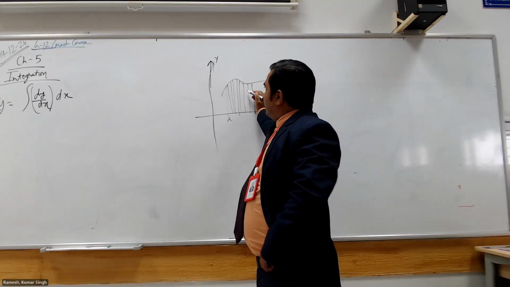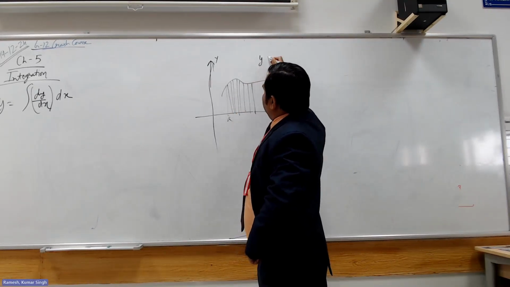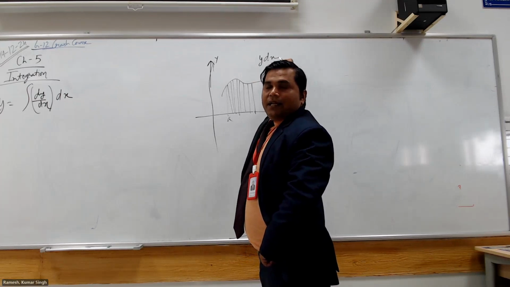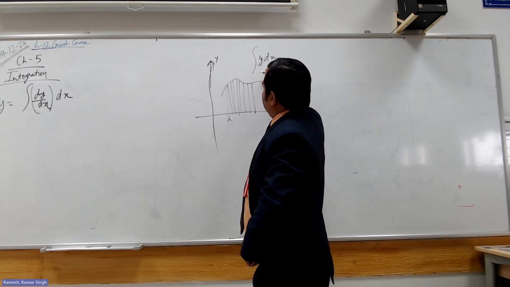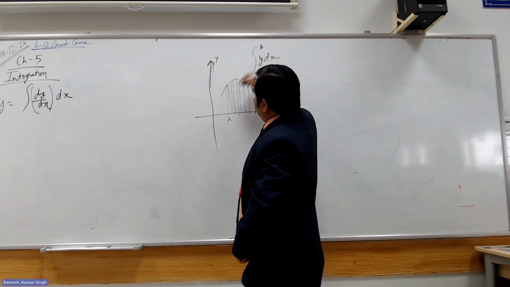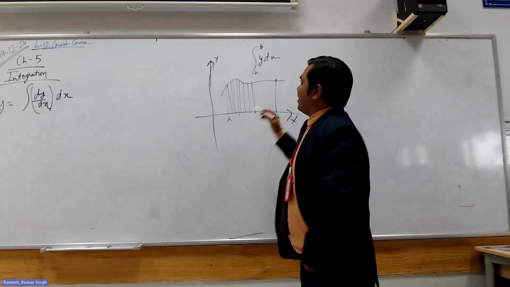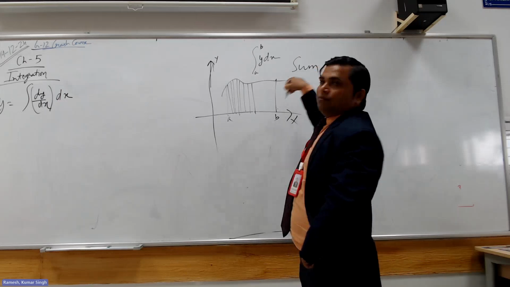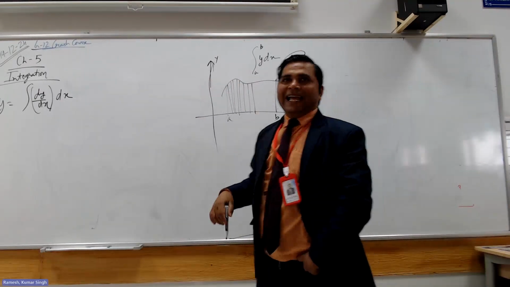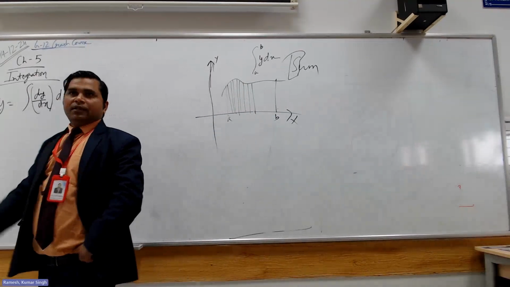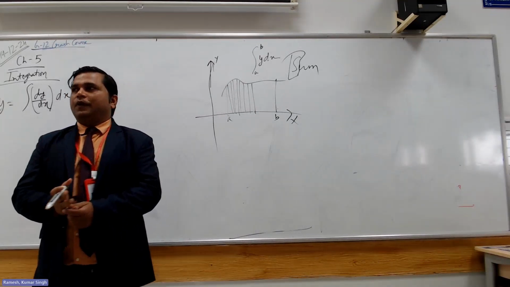The area of one rectangle is y dx. If we add the area of all the rectangles, that gives the area bounded by the curve from A to B. What's the other name of addition? Sum. That's why S, that's why the symbol of integration.